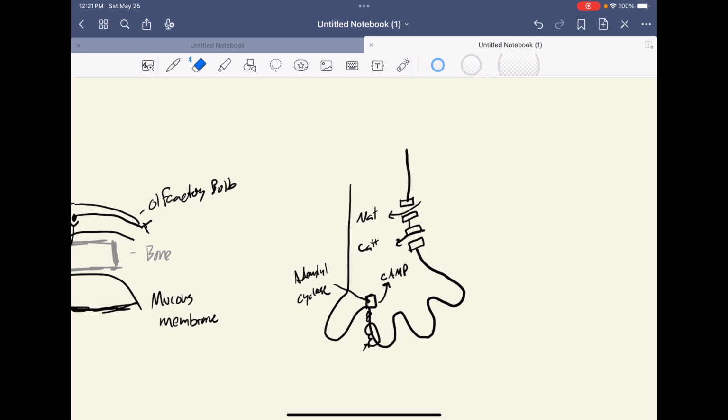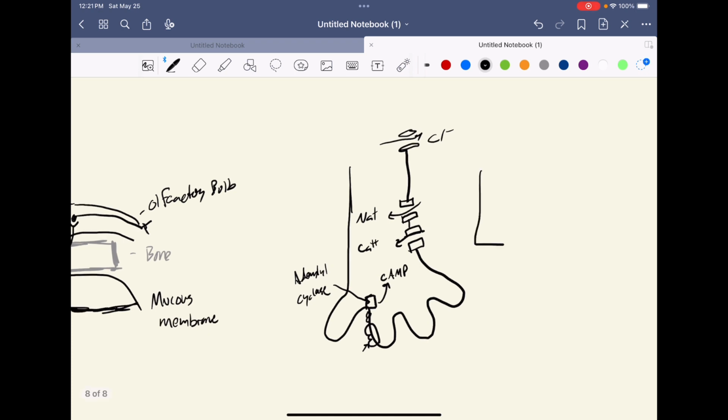And then there is also a channel up here that is a chloride channel, and the chloride will be released as the sodium and calcium enter into the neuron. It will start to depolarize, and as the calcium leaves, it depolarizes further, and that's where we get our action potential for smell. And that is how we perceive smell.